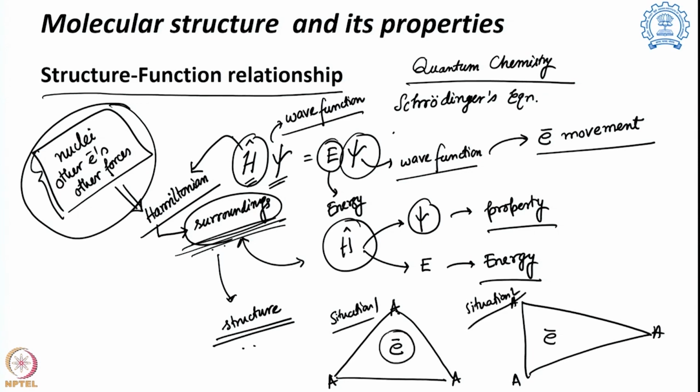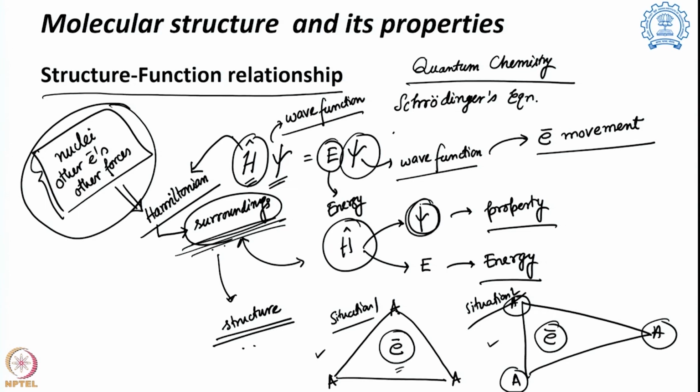In situation 1, the electron will behave differently compared to the electron in situation 2, because the nuclei are in different positions and the other associated electrons are at different distances, and that is why the behavior will be different.